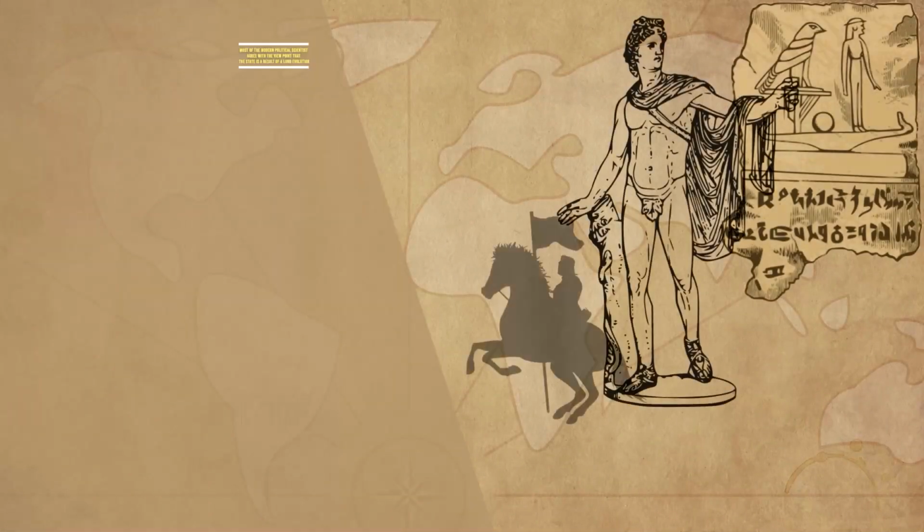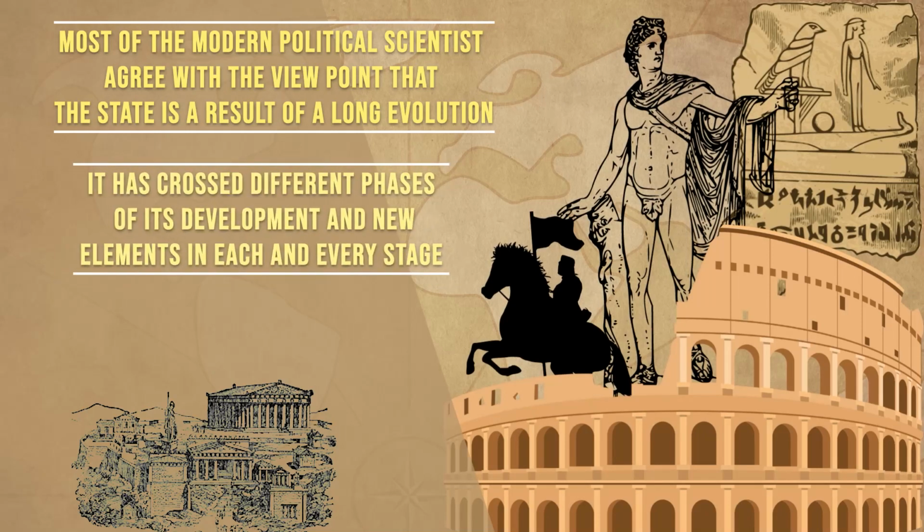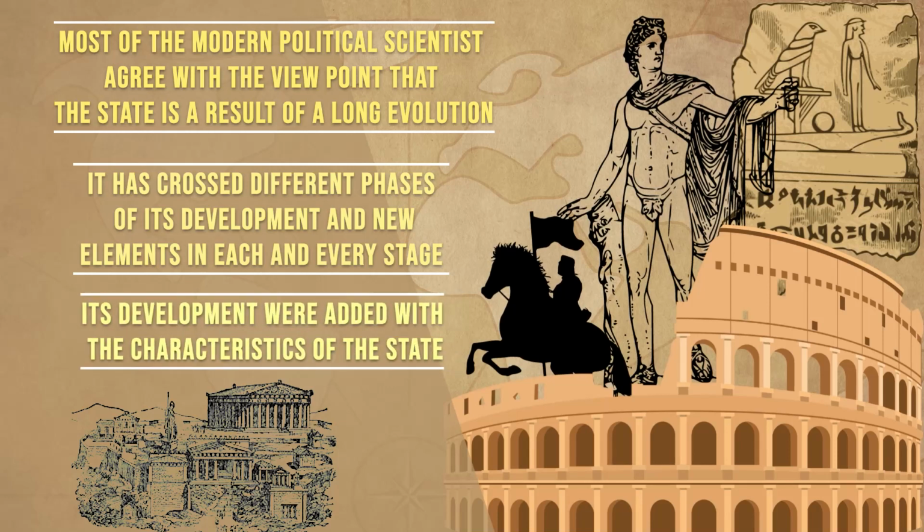Most of the modern political scientists agree with the viewpoint that the state is the result of a long evolution, and it has crossed different phases of its development, and new elements in each stage of its development were added to the characteristics of the state.